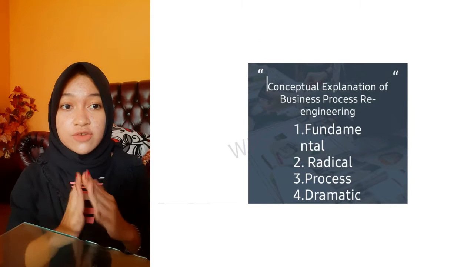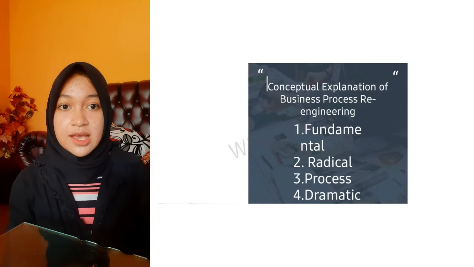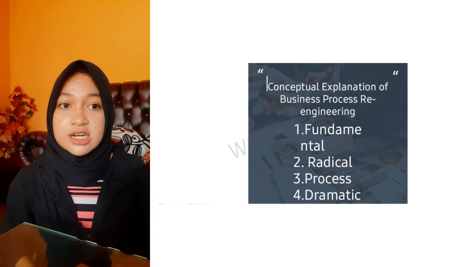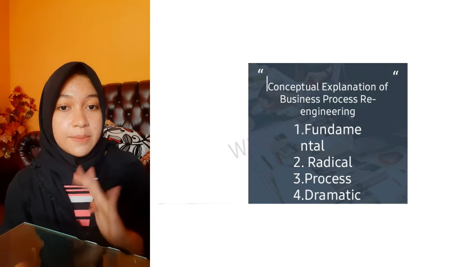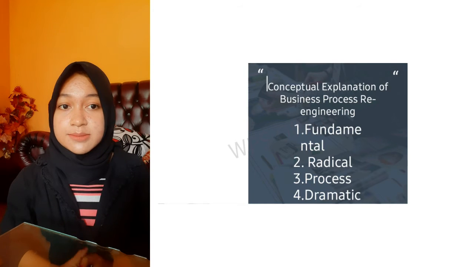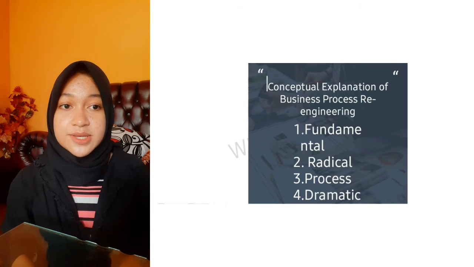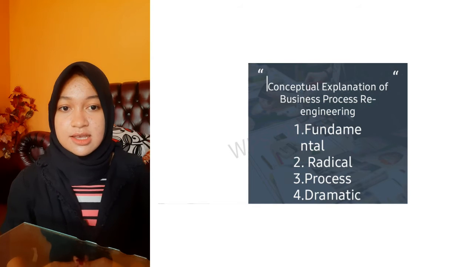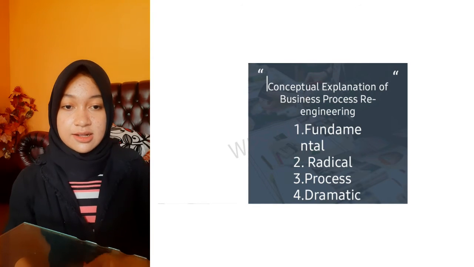Conceptual explanation of business process reengineering. Business process reengineering revolves around four main pillars. The first, fundamental. The first step in business reengineering should be to analyze the fundamental operation of our business. The second, radical.